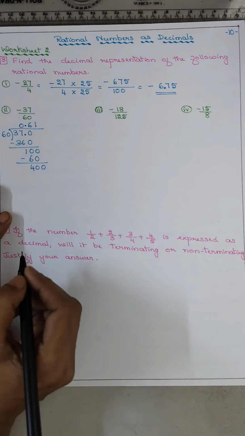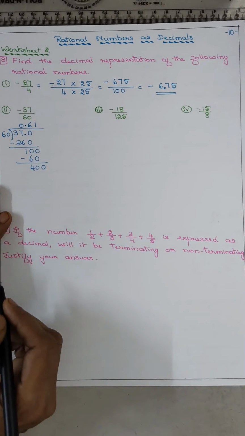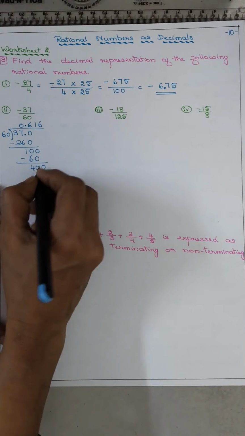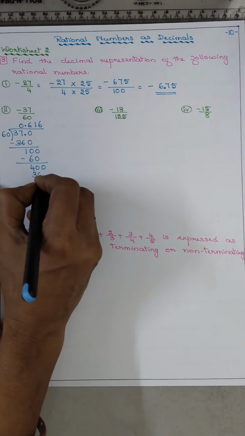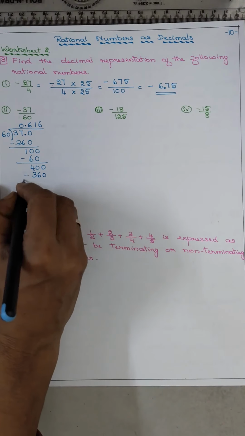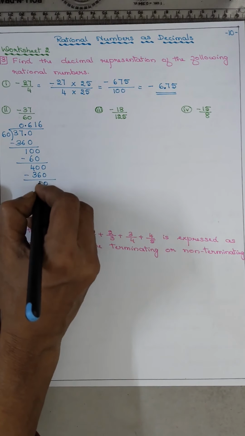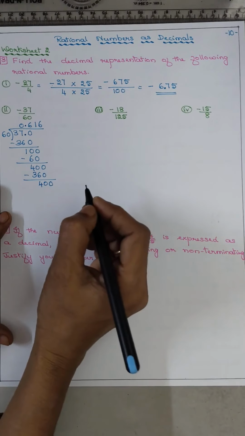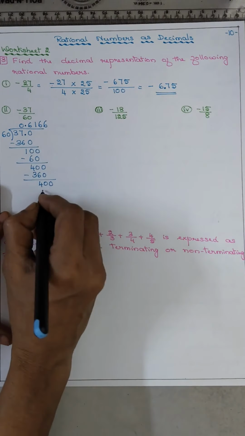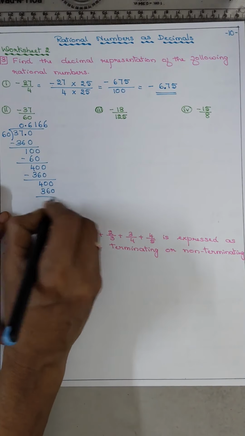Take an extra 0. 6 how much are 40? 6 6s are 36, so 4, and with the extra 0 it is 40 again. Take an extra 0, again 6. So it is repeating.